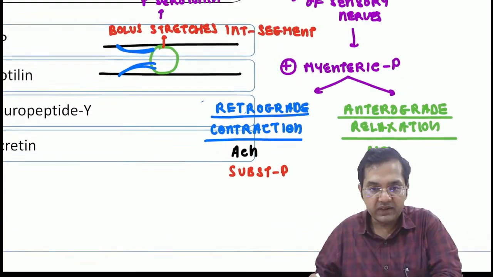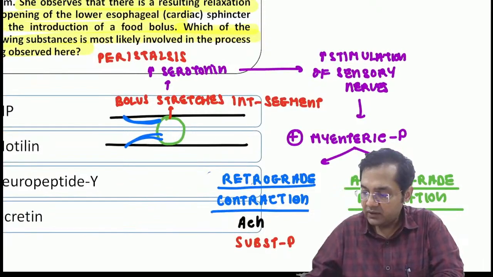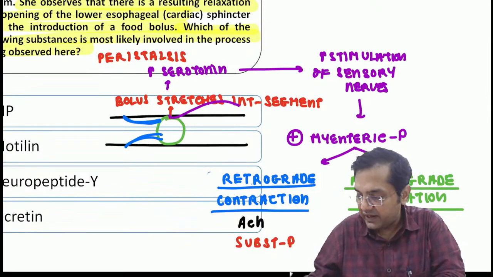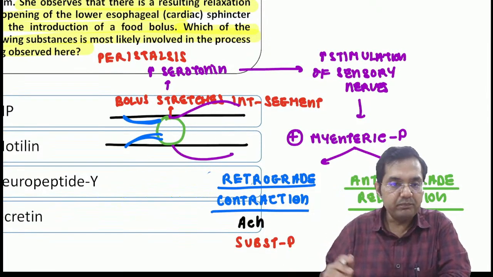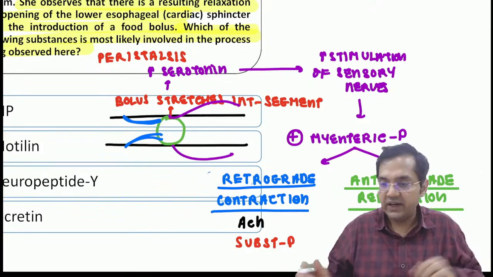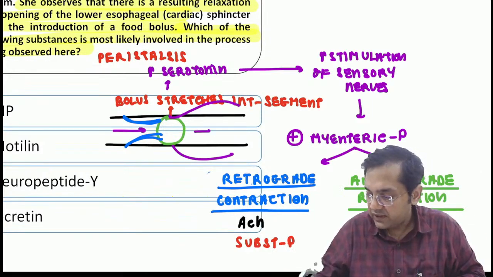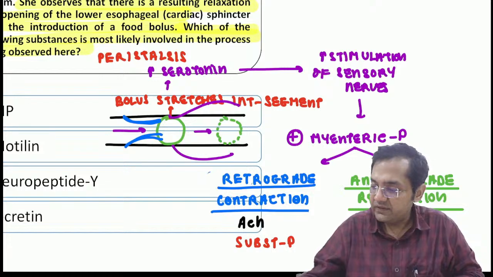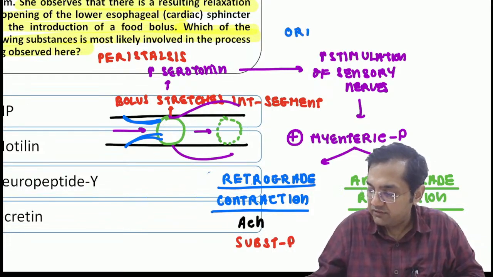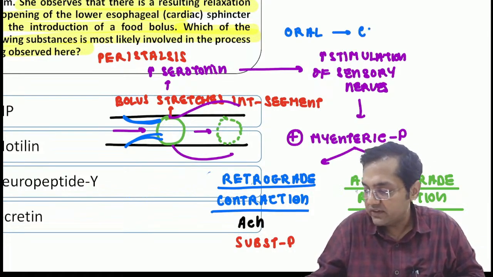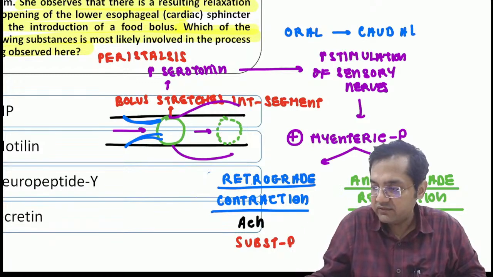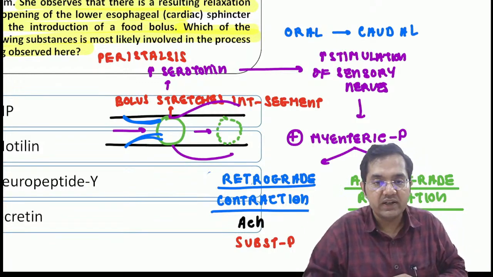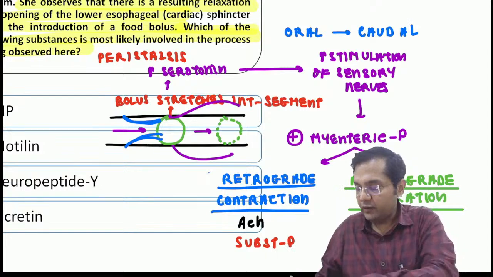Now please see the complete thing. This part is relaxing. Part behind, retrograde, is contracting. Naturally, the bolus will move forwards like this. This is the direction of the movement of the bolus, from mouth to anus, which is known as oral to caudal direction, right? So can you now tell me the answer?